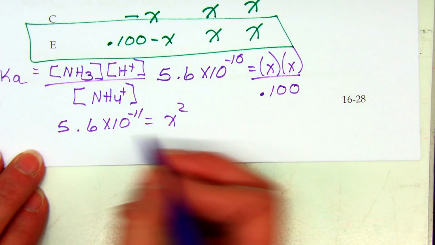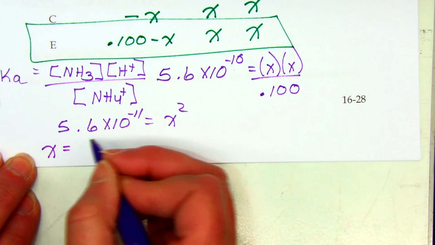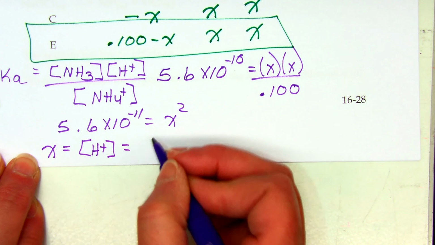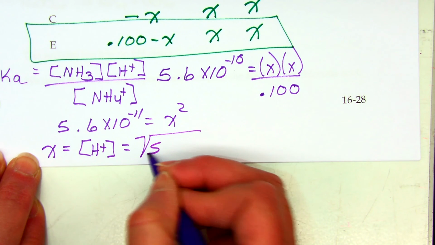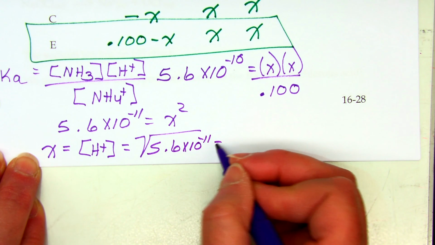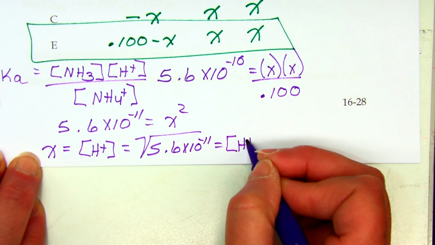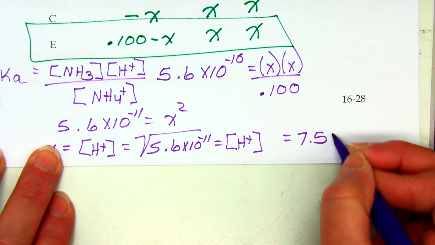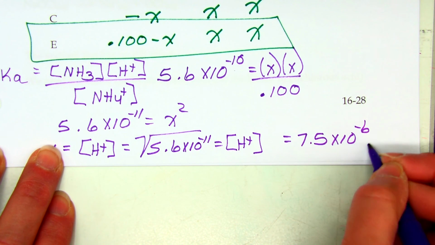Now in this problem, x is representing for us the hydrogen ion concentration. So that is equal to the square root of 5.6 times 10 to the negative 11th. So my hydrogen concentration is equal to 7.5 times 10 to the negative 6th molar.